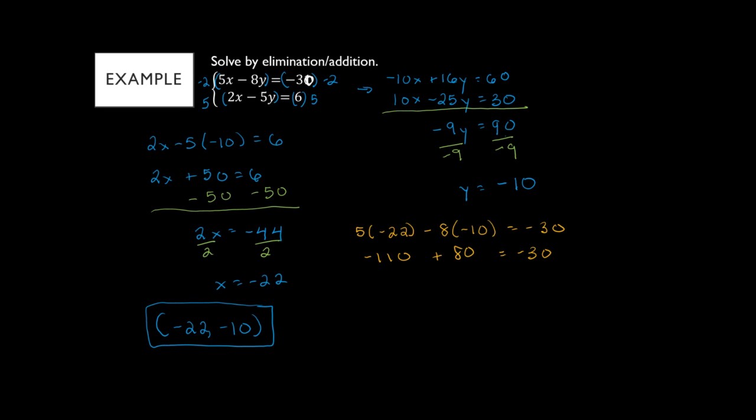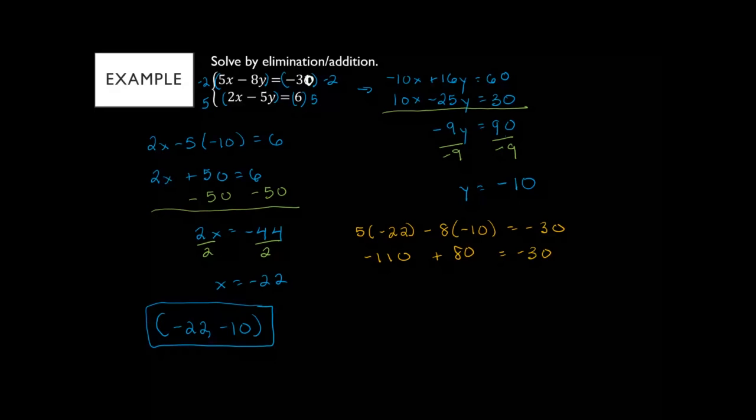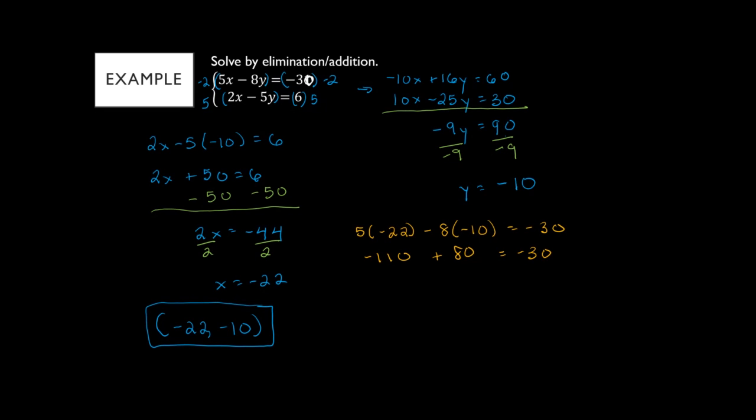So negative 110 plus 80 does give us negative 30. And so that double checks. And so that answer works in the first equation as well as the second equation. And so we've just double checked that our answer is correct.